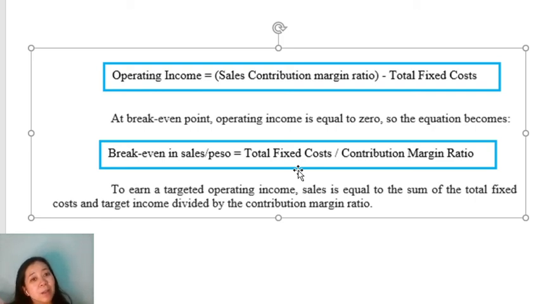Total fixed cost divided by contribution margin, this time using the ratio. In the break-even point in units, we use the contribution margin per unit. Again, for break-even in sales or peso, our denominator is contribution margin ratio. So please take note of the difference.